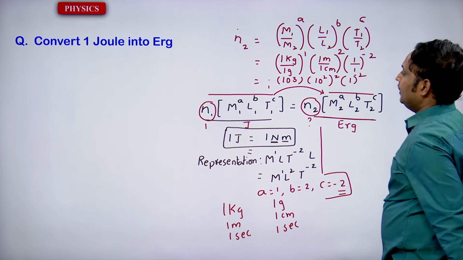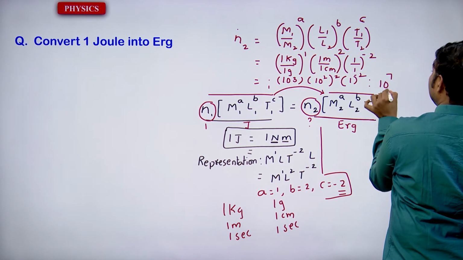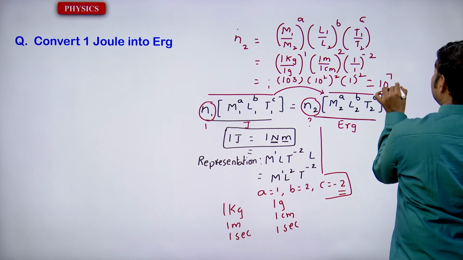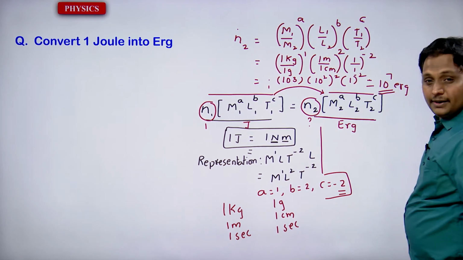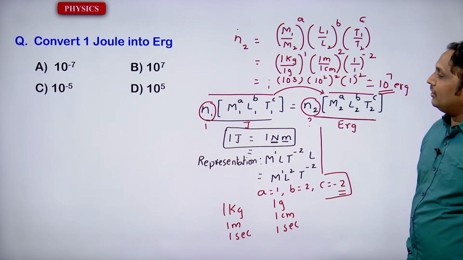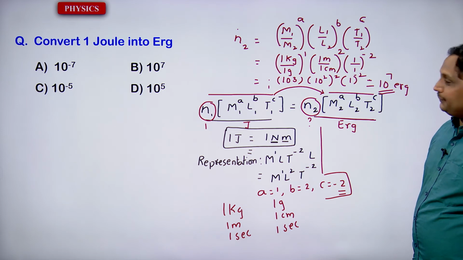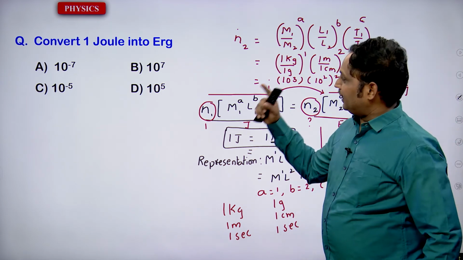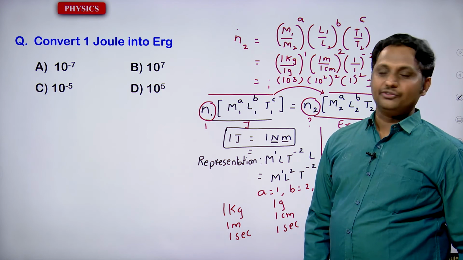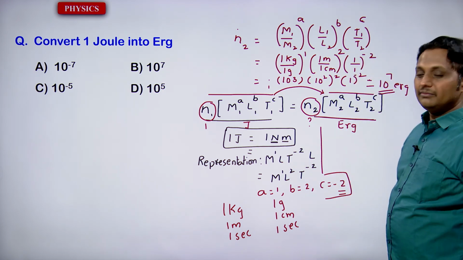So, finally, you got the answer, that is going to be 10 to the power of 7 erg. In this way you can solve the problem. So, 1 joule can be represented in terms of erg, that is going to be 10 to the power of 7. It is very clear, you would like to get this one.